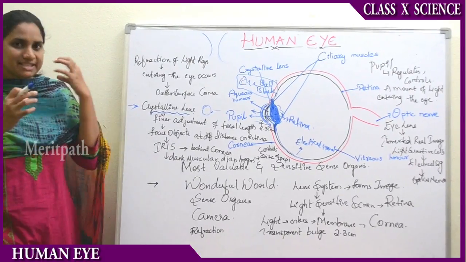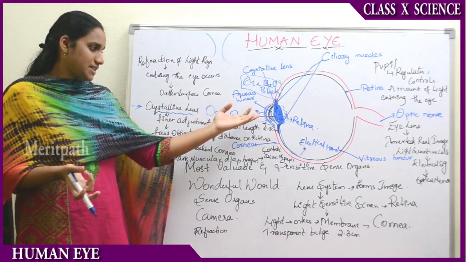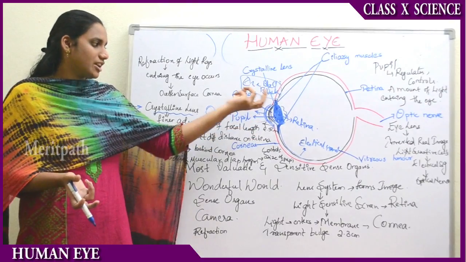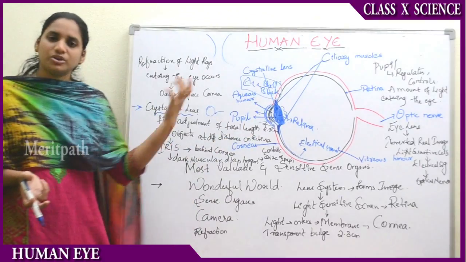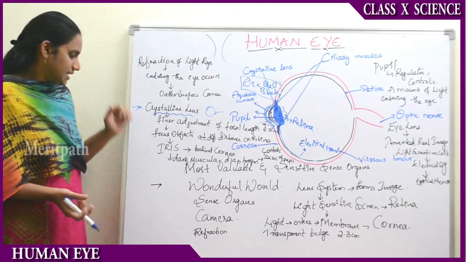So if at all there is any deficiency, we say short sight and long sight, and that is all because of the inability of the retina to adjust for the objects, right?